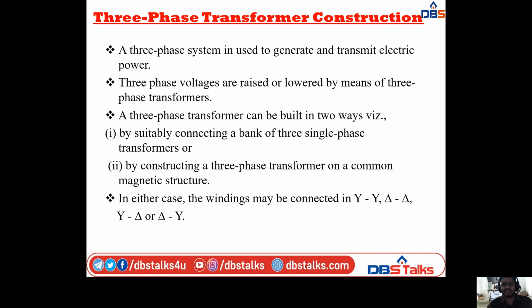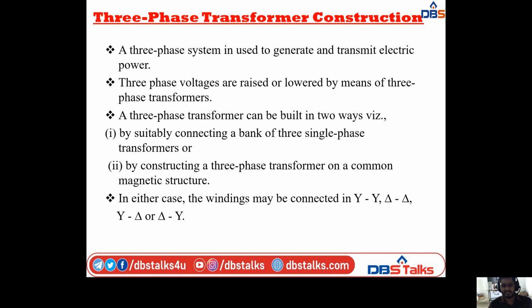So coming to the construction of the three-phase transformer. A three-phase system is used to generate and transmit electrical power. Three-phase voltages are raised or lowered by means of three-phase transformers.